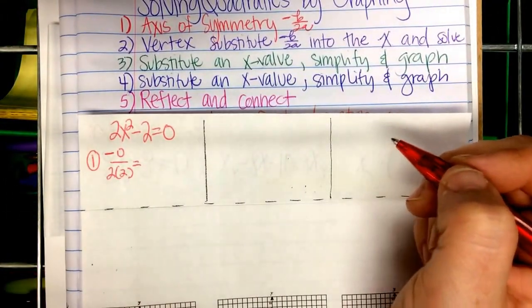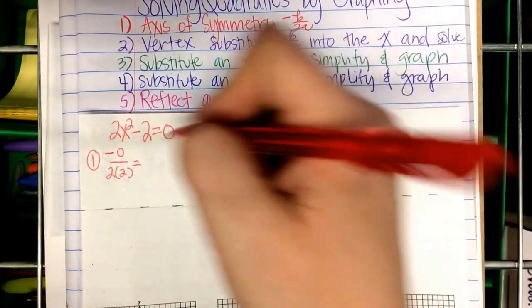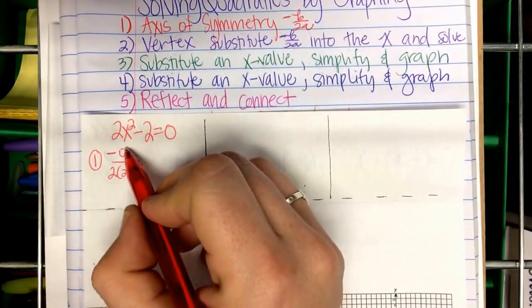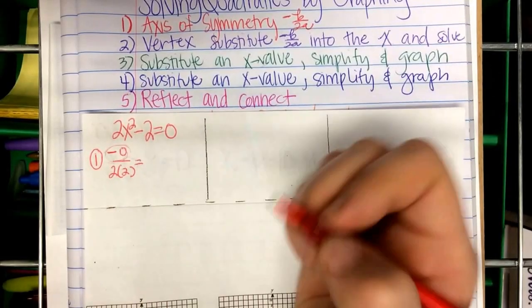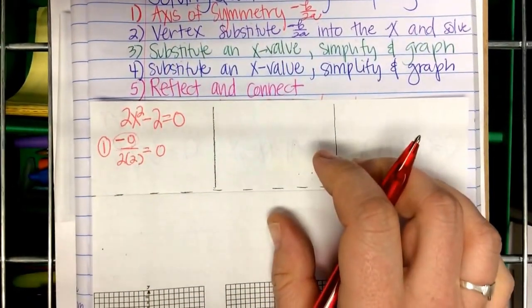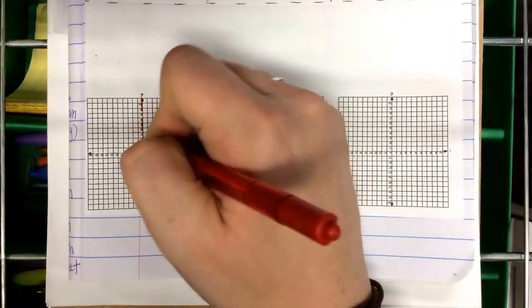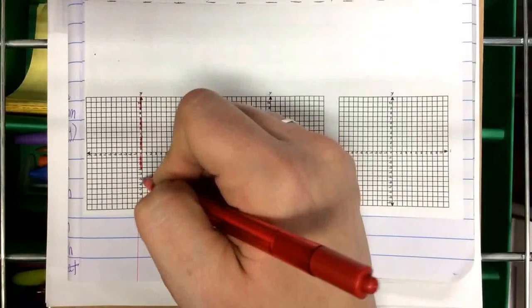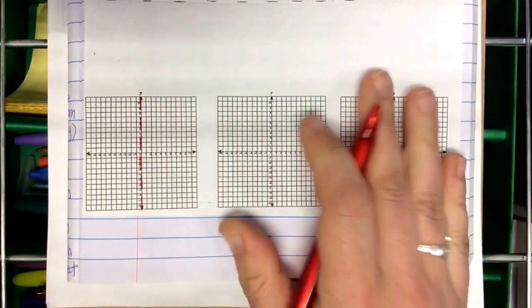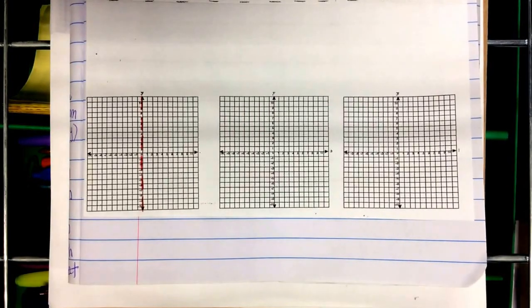You can type it in your calculator, negative 0 over 2 times 2. Or you can know anytime there's a 0 in the numerator, what's the answer automatically? 0. That's my axis of symmetry. So I find 0 and make my dotted vertical line, because that's going to be the perfect middle of the graph.